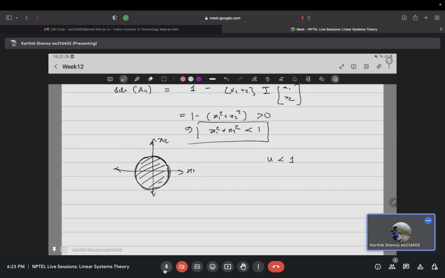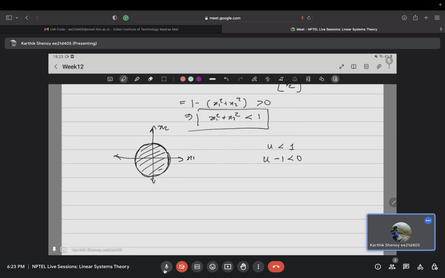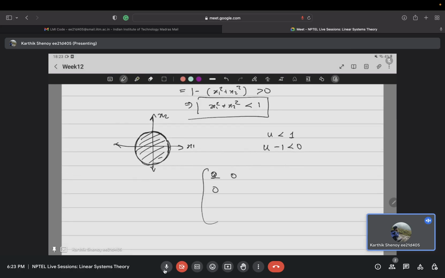Okay, so you have to write it separately, and then you can just add this to the existing LMI. So that will be x1 x2, x1 x2, 0, and this was 1. Okay, and you have to write u minus 1, or I'll take 1 minus u is greater than 0. Okay, so this can be written as an LMI.